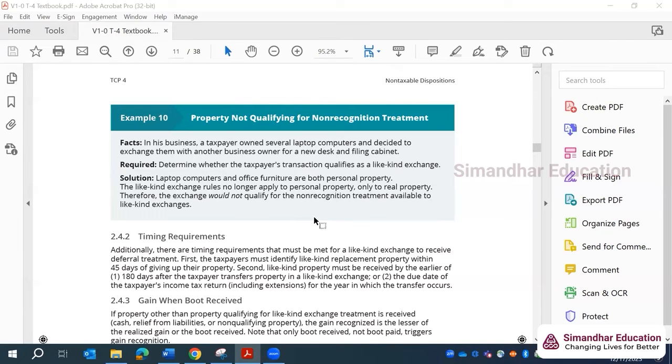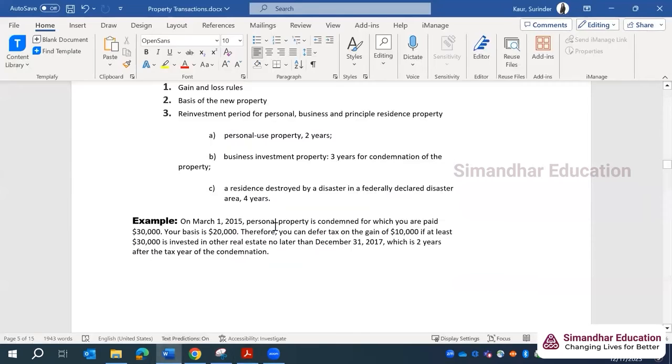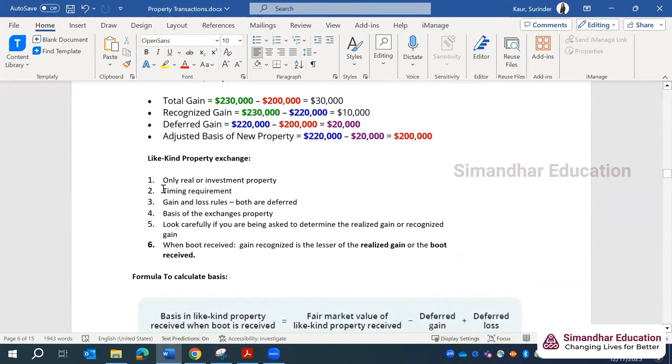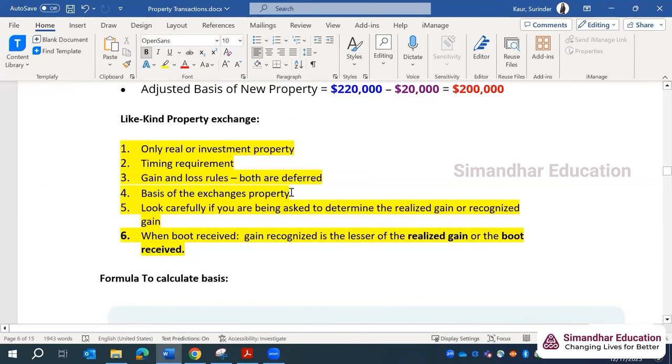Now, what are the few things that we need to keep in mind when we are doing the like kind exchange? So these are the few things that you have to keep in mind. That the like kind exchange is only on real or investment property. Okay.